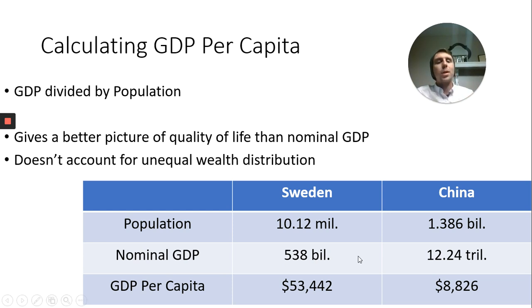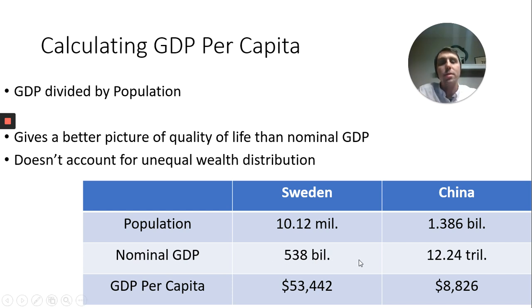Now, if we're considering their population, if we look at their GDP per capita, you can take their nominal GDP and divide that by population. Now that's going to give us a far different number. If I look at China, I'm taking $12 trillion, but I'm dividing it up between 1.4 billion people.